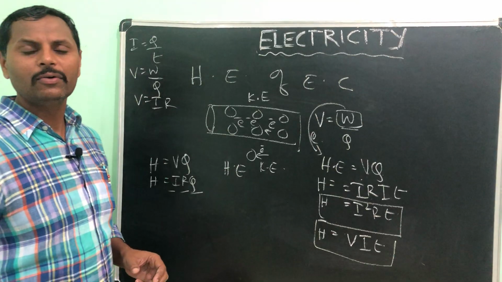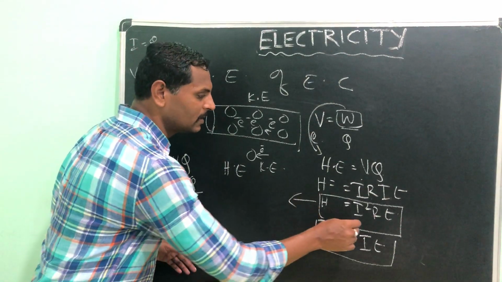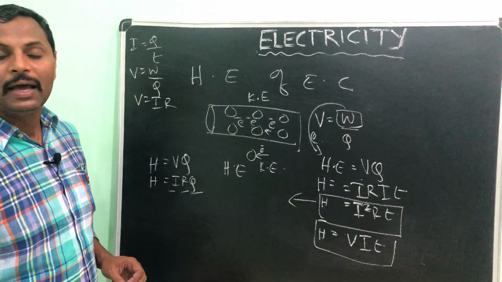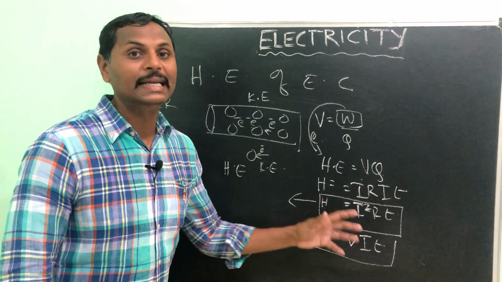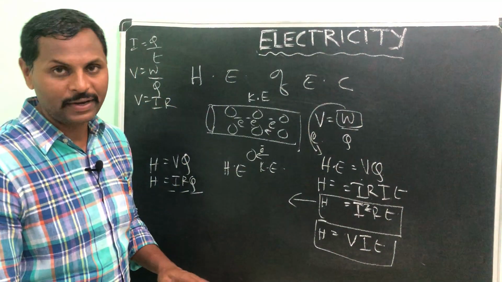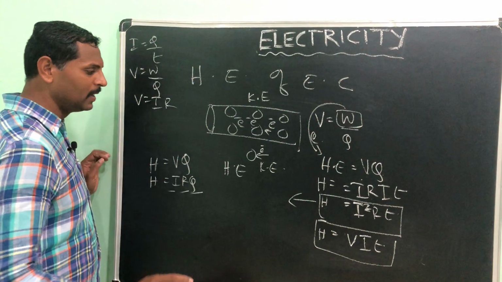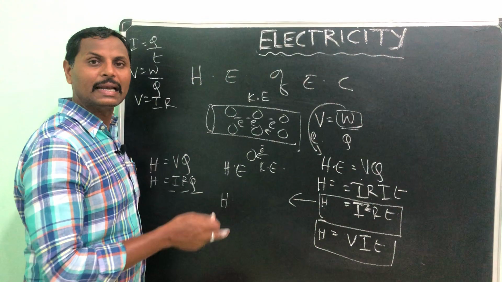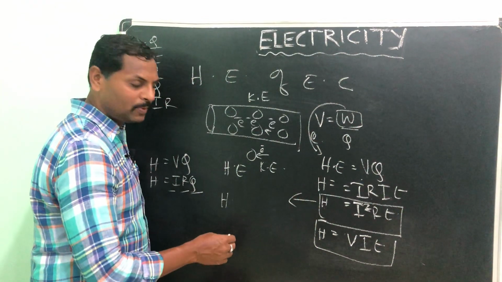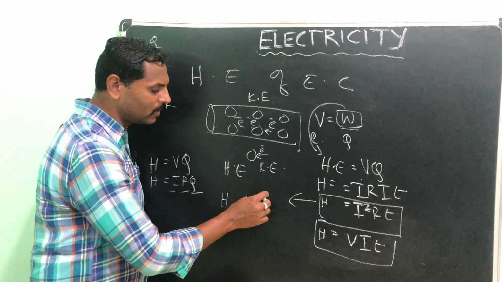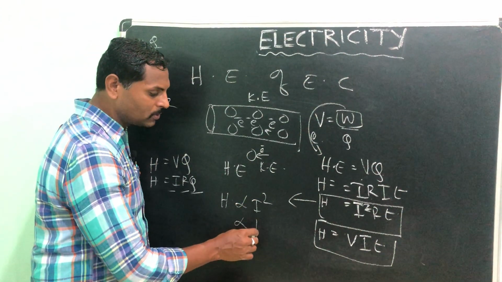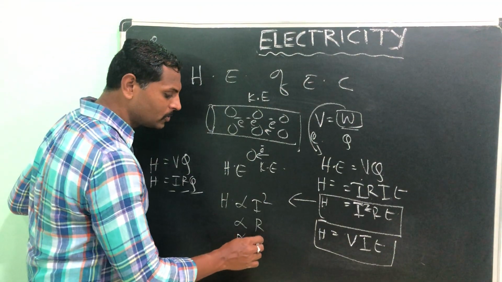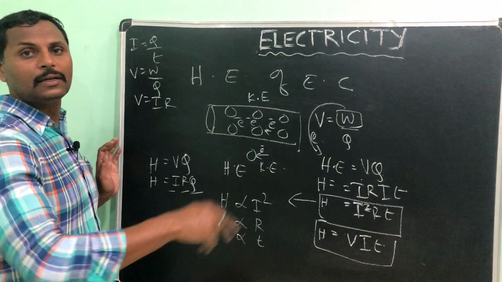In three formulas, we will consider this one, the first one, H is equal to, remember here, H is equal to I square R into T as the Joule's law of heating effect. What he says, simply heating effect of electric current is directly proportional to the square of the current, directly proportional to the resistance of the conductor, and directly proportional to the time for which it is circulated.